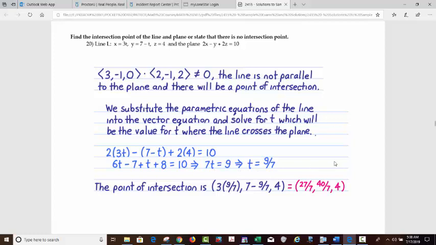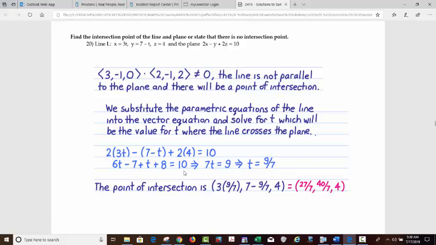Now what I was talking about is if the line were on the plane, the t's would have gone away and you would have got a true equality, like 10 equals 10. If you would have got something like 6 equals 10, a contradiction, that would have meant the line was parallel to the plane.